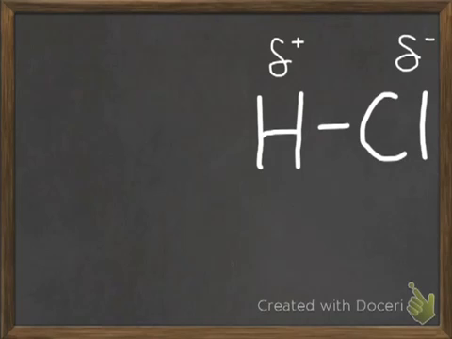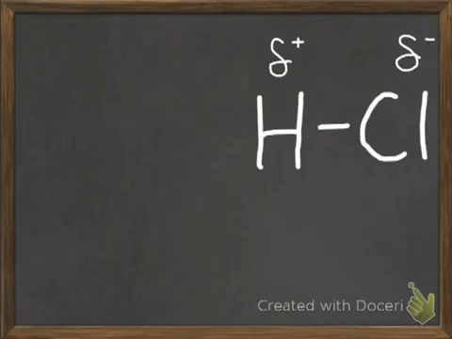So the chlorine atom has a higher electron density. Really we can say that chlorine is bringing more electrons closer to it, and it is taking on a partial negative charge. And if chlorine is taking on a partial negative charge, then that means that hydrogen is taking on a partial positive charge.